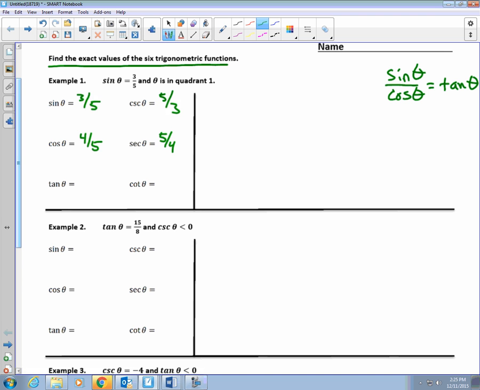You can use 1 plus tangent squared is secant squared, or you can use sine over cosine as tangent. What is sine? 3/5. What is cosine? How do I divide two fractions? Multiply by the reciprocal. So times 5/4. 5's cancel and I get 3/4. If I know tangent is 3/4, what is cotangent?